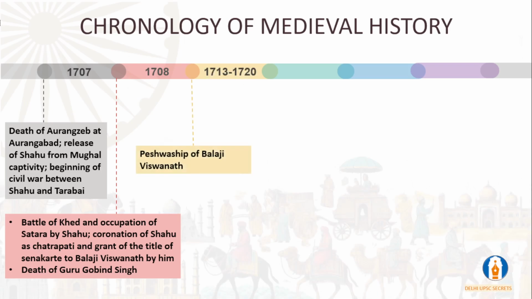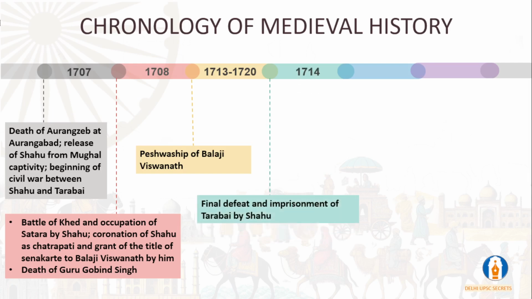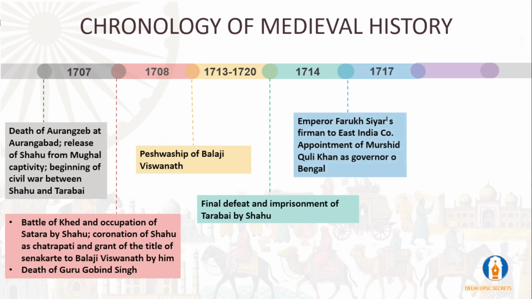Then in 1713 to 1720, the Peshwaship of Balaji Vishwanath starts in the region. Peshwas are the next important rulers in the Maratha kingdom. In 1714, a final defeat and imprisonment of Tarabai happens by Sahu. 1717, the Emperor Farrukhsiyar, you must say these are all later Mughals.